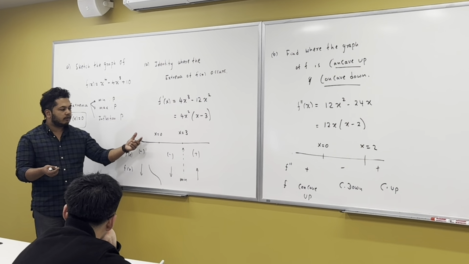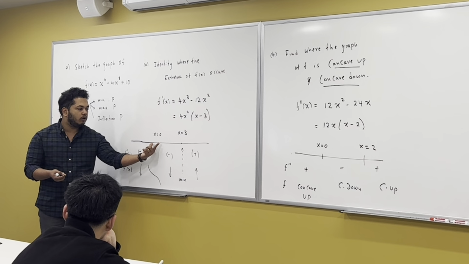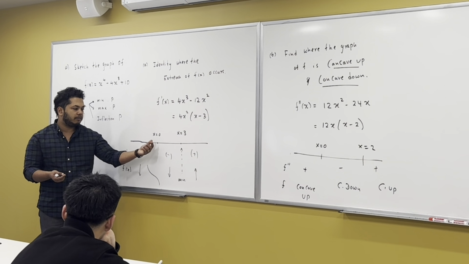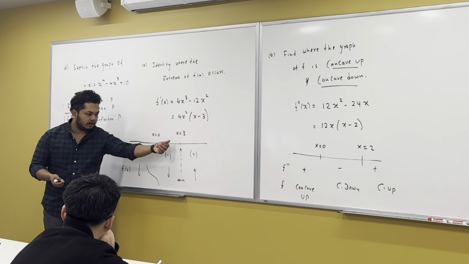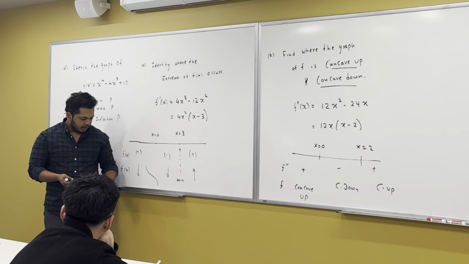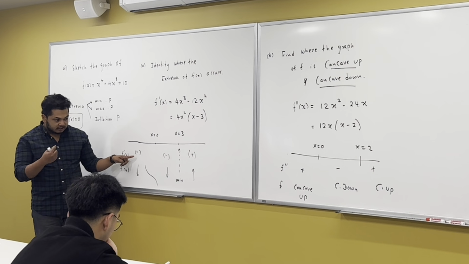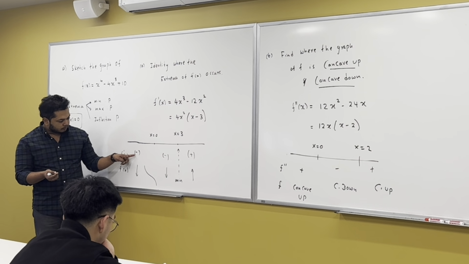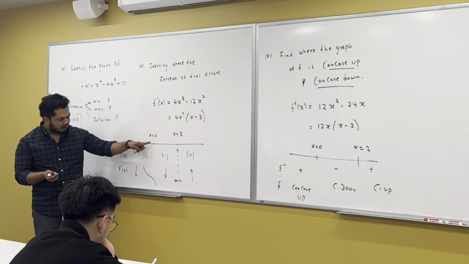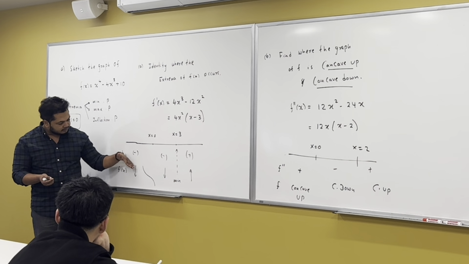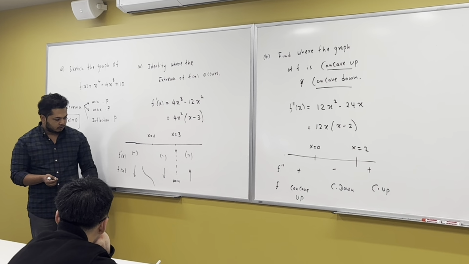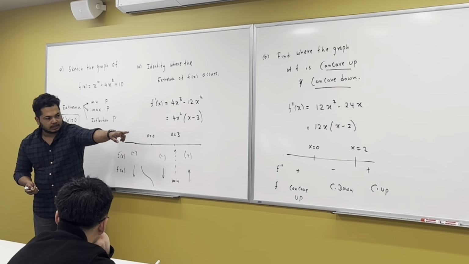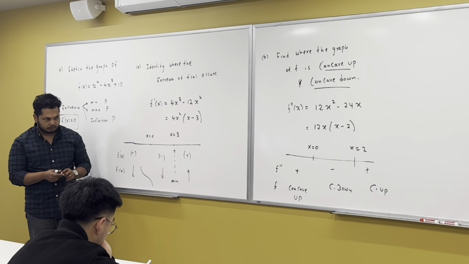I look at what happened around the neighborhood of 0. By neighborhood I mean less than 0, greater than 0, less than 3, greater than 3.